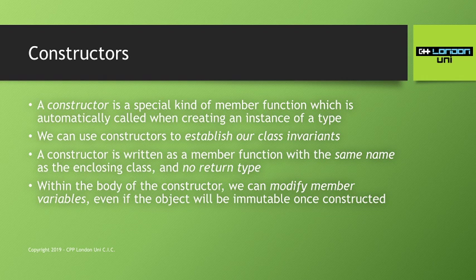It's only once the construction process is finished that we can never change it. So during the construction process, whilst the constructor is running, we can perfectly happily modify our member variables. They're not fixed until the constructor is finished. Then they're cemented, superglued, set in stone, can't change them.